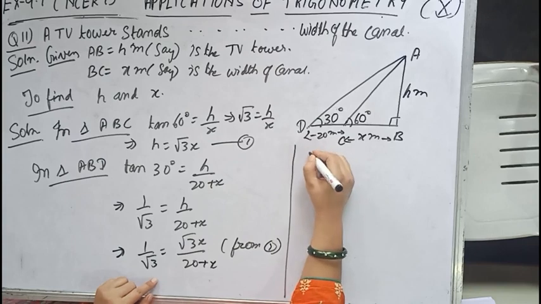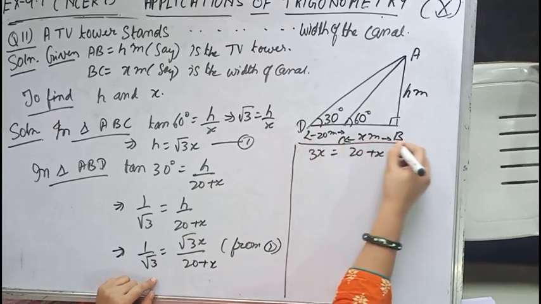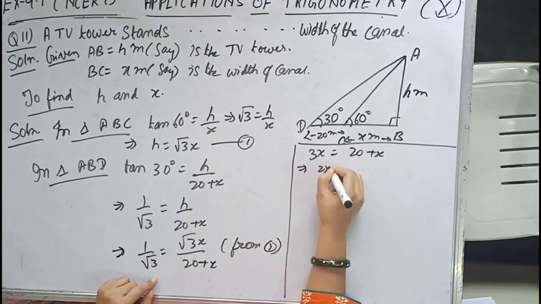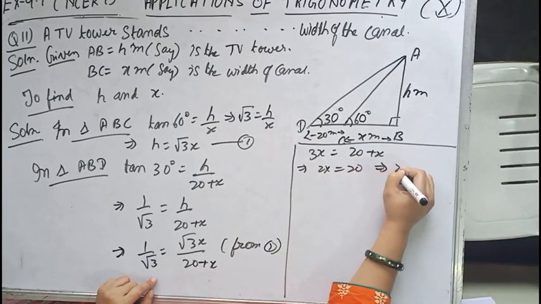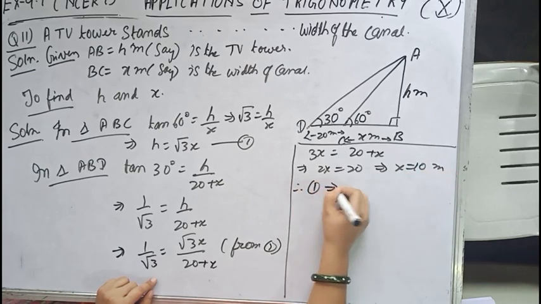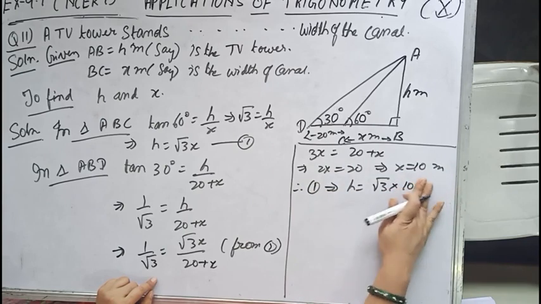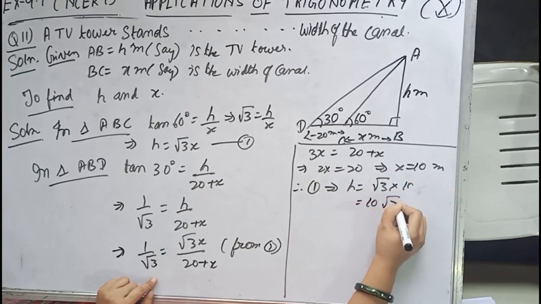Now cross multiplication, 3x equals 20 plus x. This implies 2x equals 20, implies x equals 10 meter. Therefore from 1, h equals root 3 into 10 equals 10 root 3 meter.